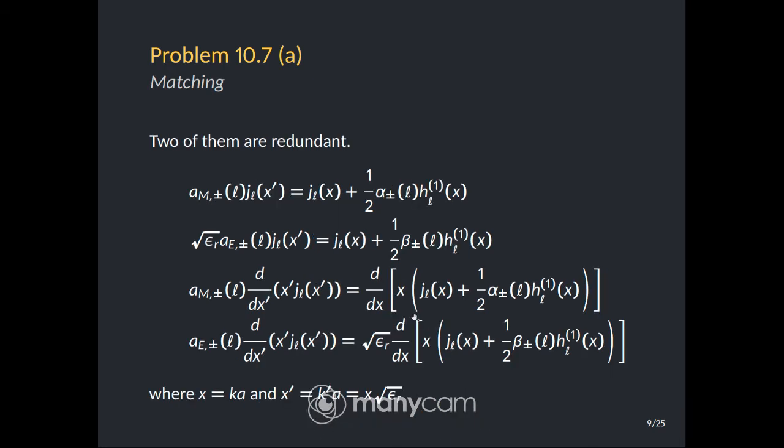So two of them are redundant. We only have 4 equations in this problem, and we have 4 undetermined coefficients. So this is sufficient for us to solve our problem, where x is equal to ka, and x prime is equal to k prime a, which is equal to the square root of epsilon r times x.